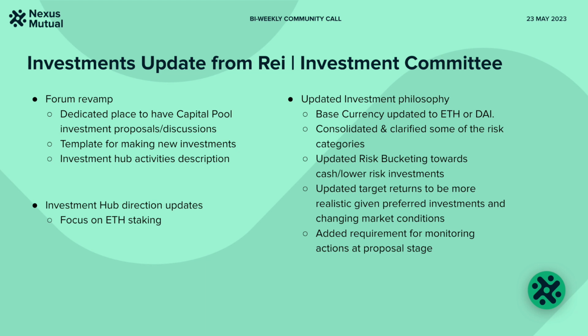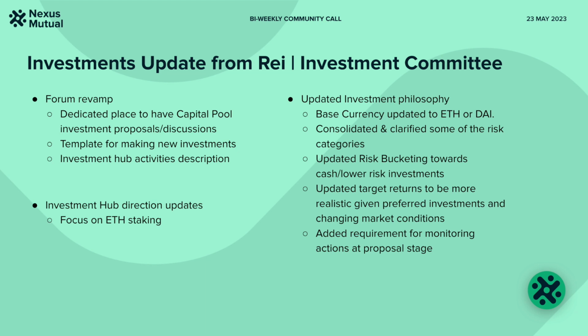The original investment philosophy was written at a time when you could get around 5% on ETH and around 15% on USDC. And that is just no longer the case in the market. And as we've also moved away from the US dollar denominated investments and targeting those, we've moved the targets closer to those of staked ETH.